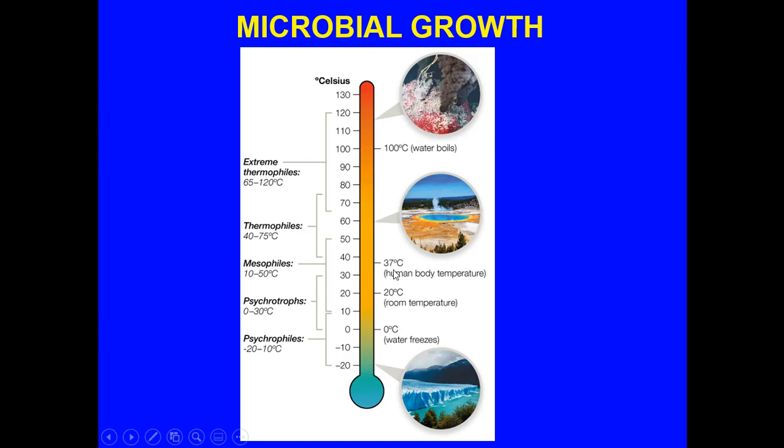When we get to the human body temperature, that's roughly 37 degrees Celsius, that's where you're going to find the existence of mesophiles. Remember that psychrotrophs are the ones that would be in the range of, let's say, refrigeration, etc. A little bit above that, a lot of these are foodborne illness type of organisms.